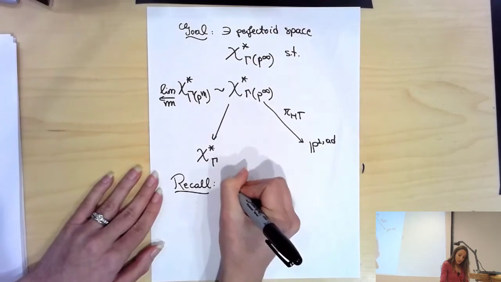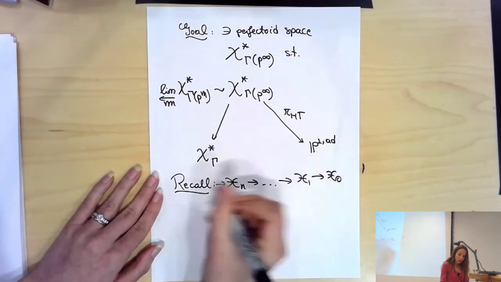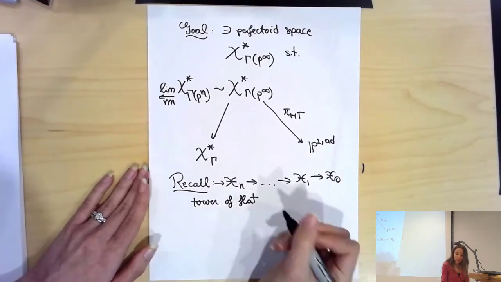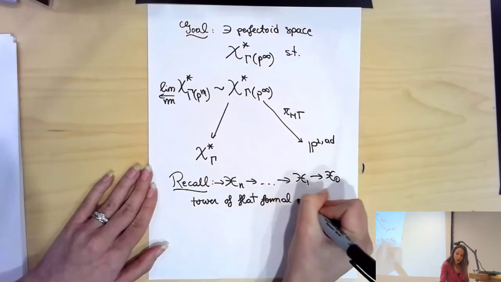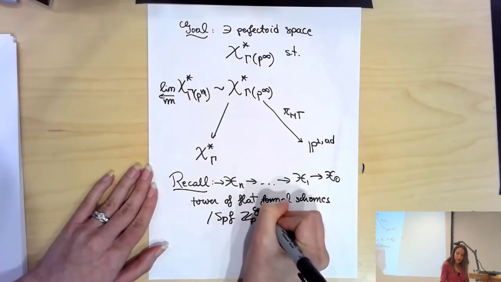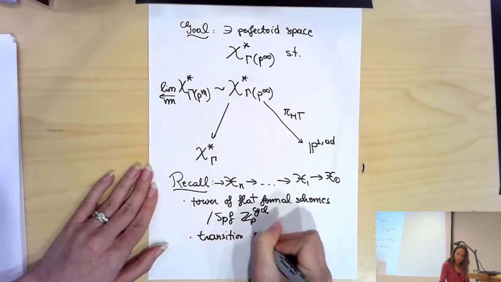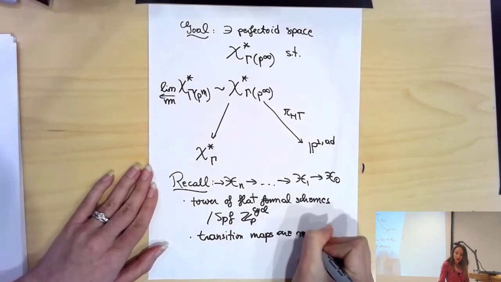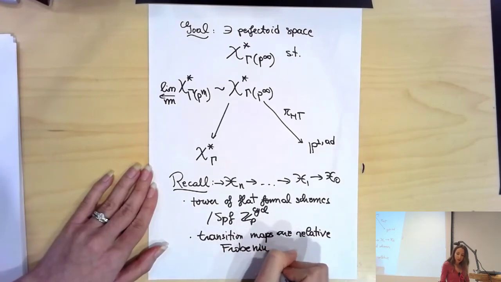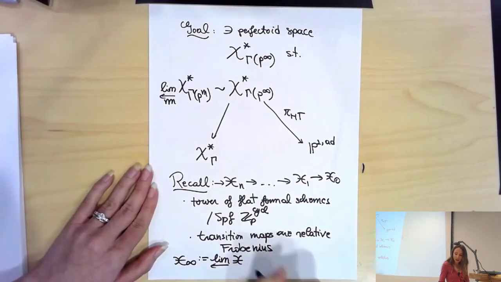If you have a tower X_n to X_1 to X_0 of flat formal schemes over Spf Z_p cyclotomic, such that the transition maps are essentially the relative Frobenius, then you can construct a perfectoid space by taking the inverse limit in the category of formal schemes and then taking the adic generic fiber.